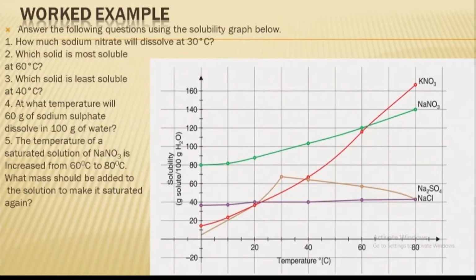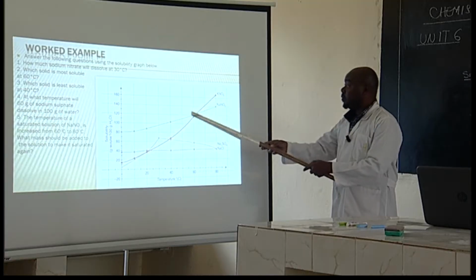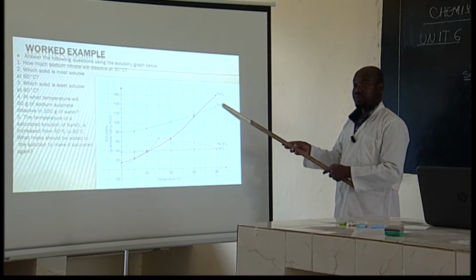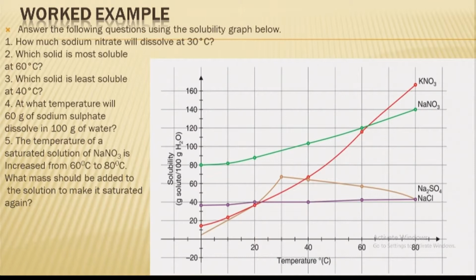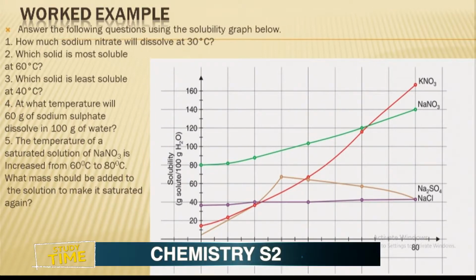And the question is asking what mass should be added to the solution to make it saturated again. So we check on the difference in the solubilities. At 80 degrees, the solubility is 140. And at 60 degrees, the solubility is 120.